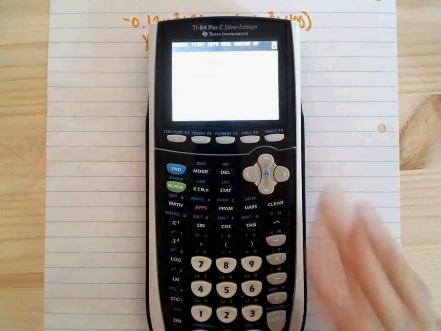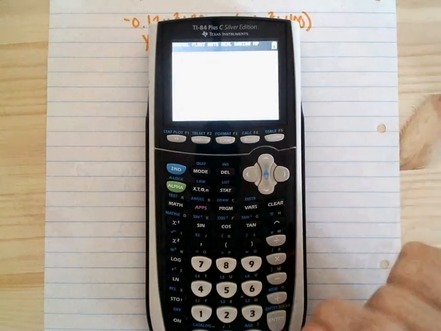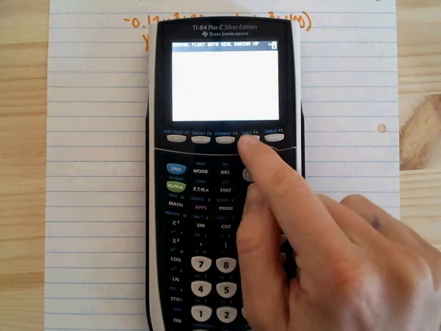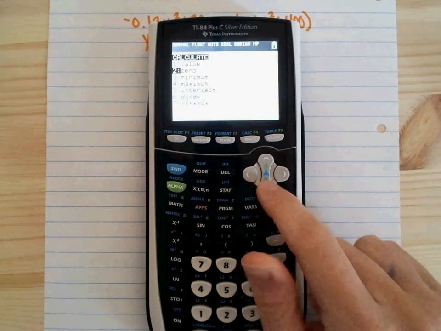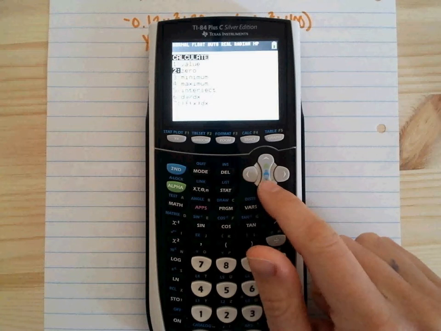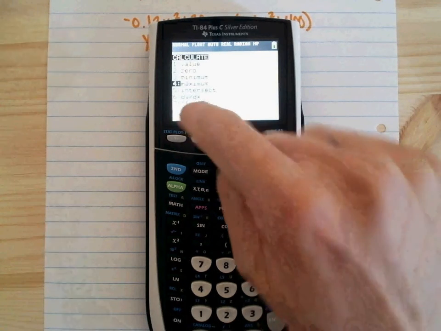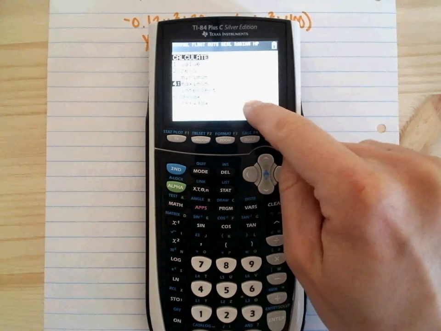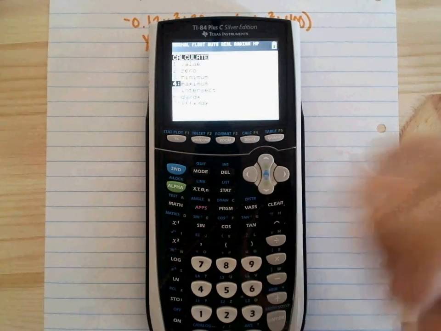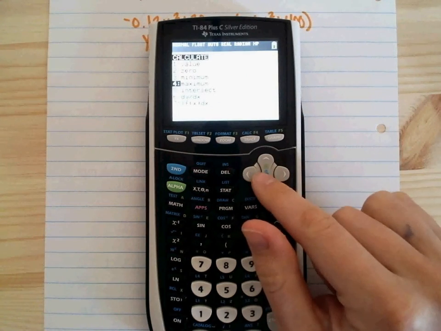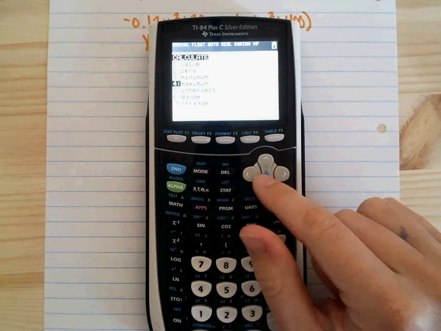I can go to second trace, and if I use zero, I can find the x-intercepts, and if I use maximum, since the curve opened downwards, then I can use the maximum to find the vertex, which also tells me the axis of symmetry.